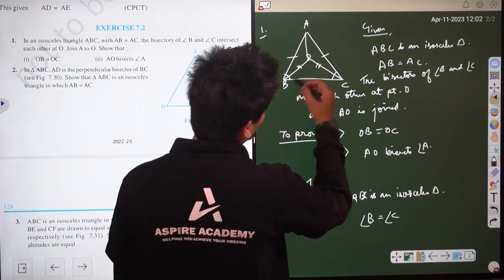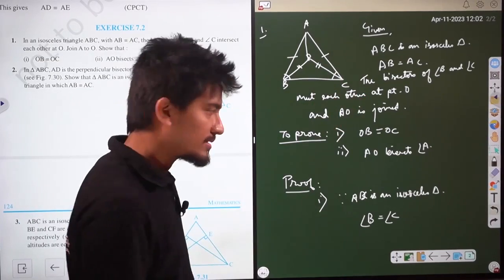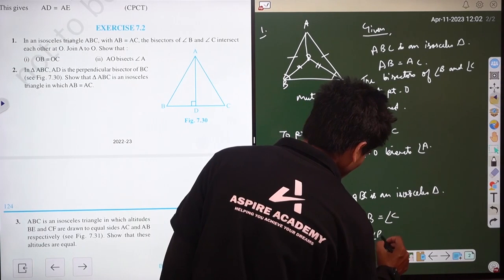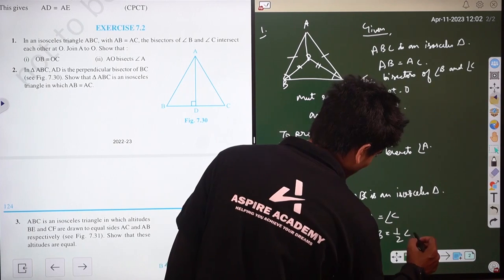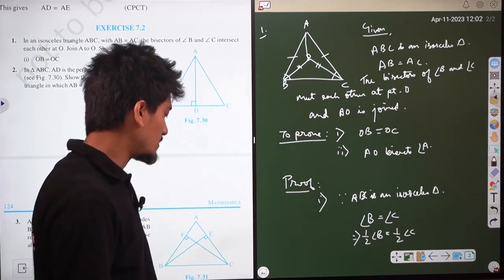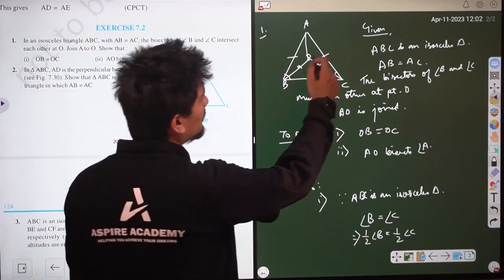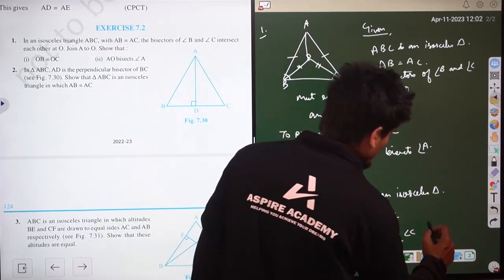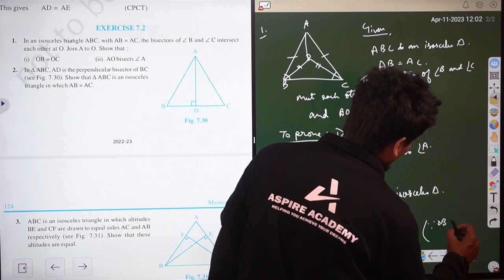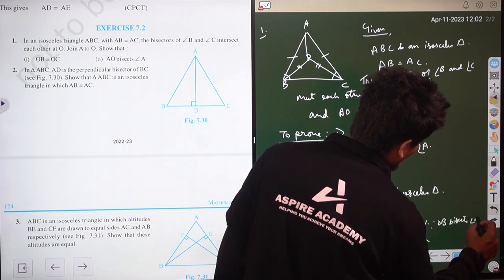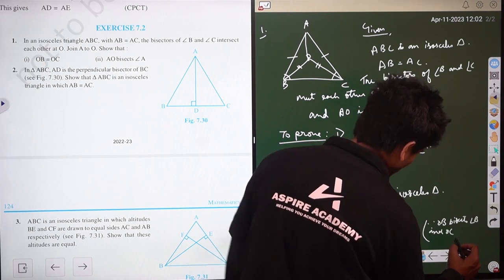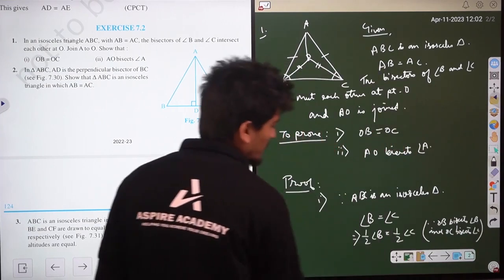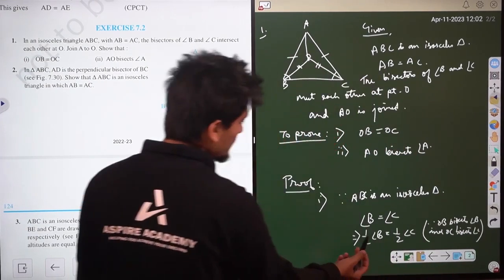Next, since OB and OC are the bisectors of angle B and angle C, therefore half of angle B is equal to half of angle C. Since OB bisects angle B and OC bisects angle C, what is half of angle B?